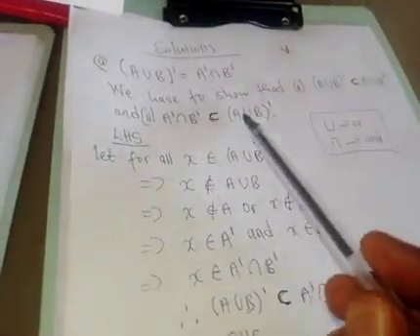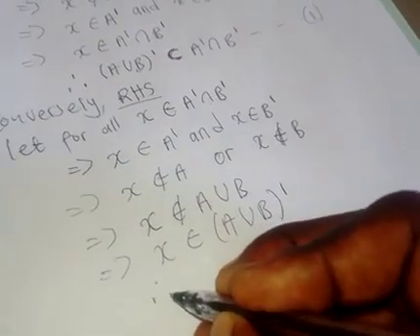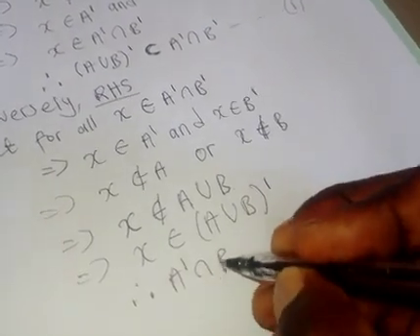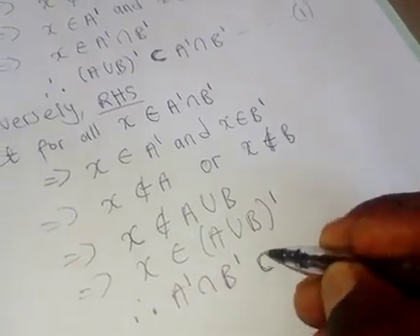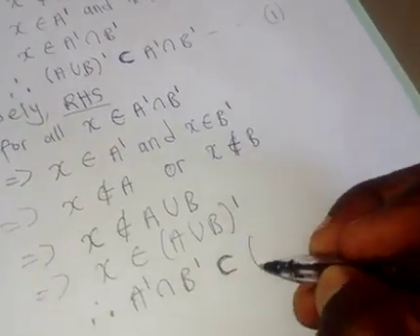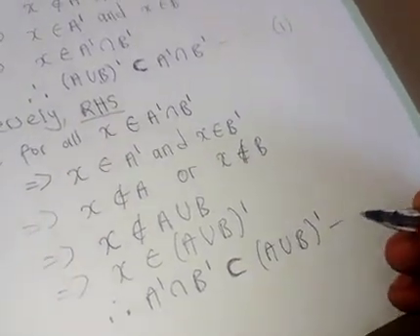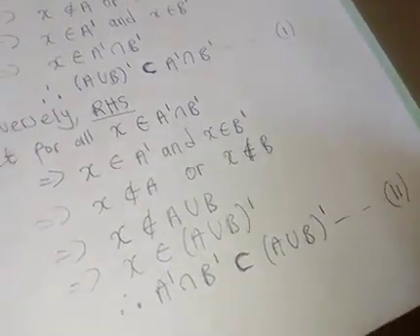So we have just proven that second statement. At this point, we can even say, therefore, A complement intersect B complement is a subset of A union B complement, and you let that be your second statement.